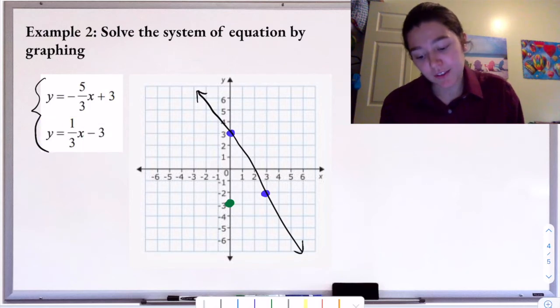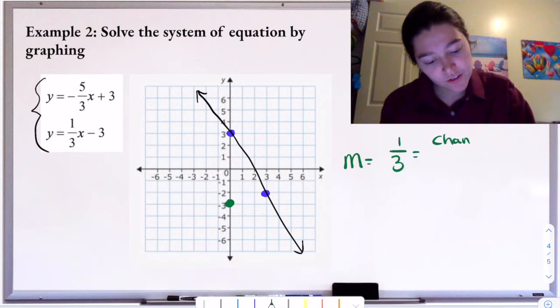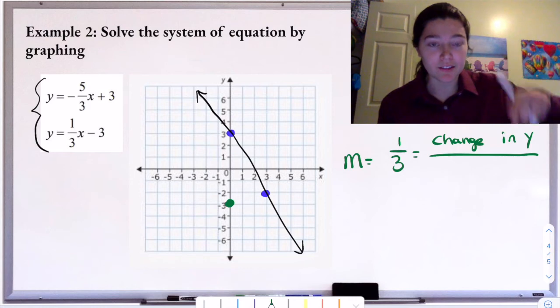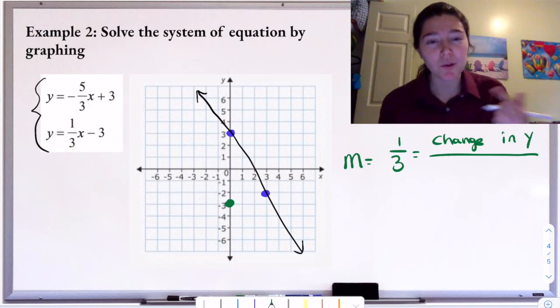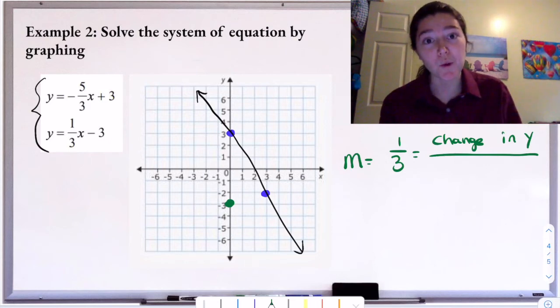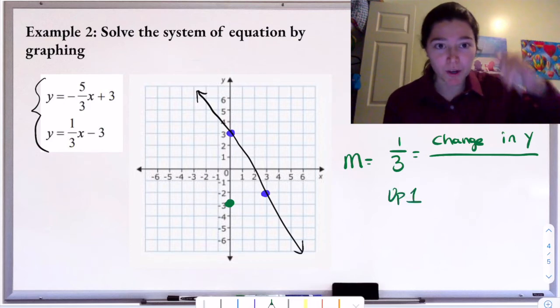And then I have my slope of 1/3. So my change in the y values is positive 1. Y again means up, down. If I have a positive 1, what direction is that telling us? Do I go up 1, down 1, left 1, right 1? Yep, that's going up 1 because y is up, down.